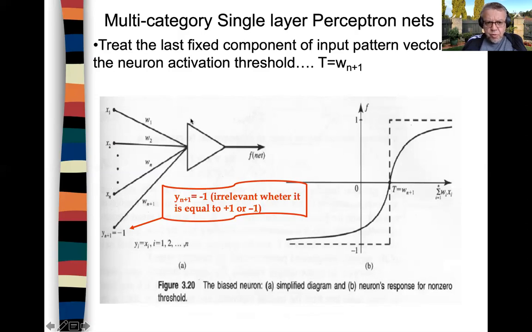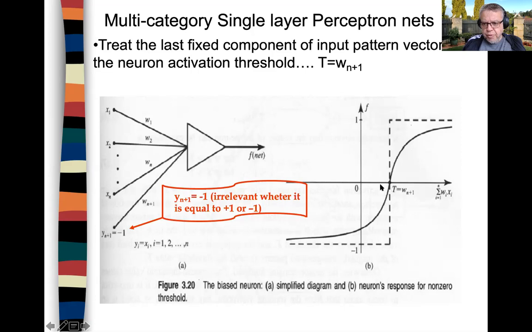When the net activation w1 x1 plus w2 x2 plus wn xn is greater than a certain threshold, then the perceptron would fire, meaning that it will go to +1. If it is less than that threshold or bias, then the output is -1.